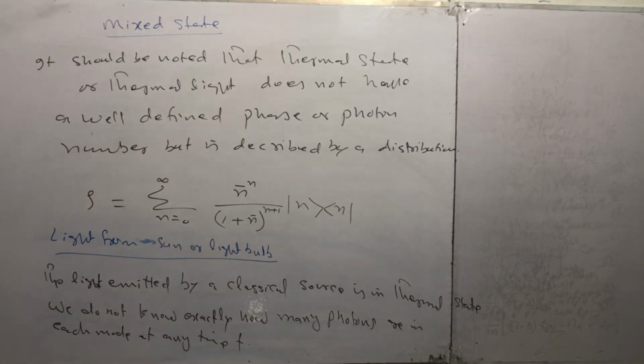So it means that the system is in a probabilistic mixture of different photon number states.